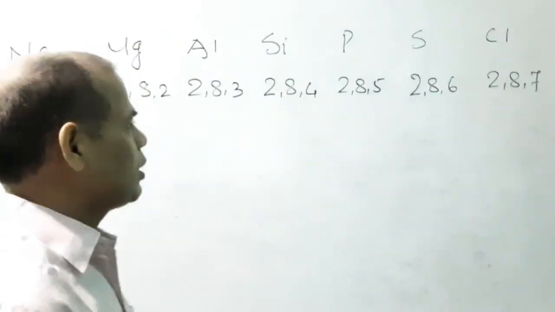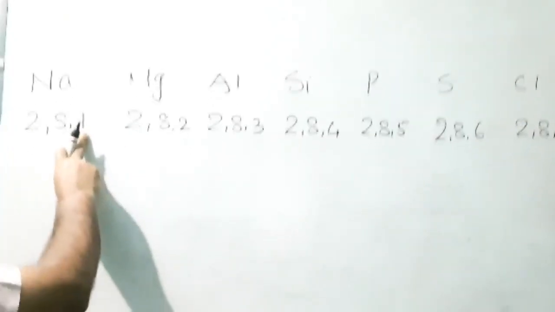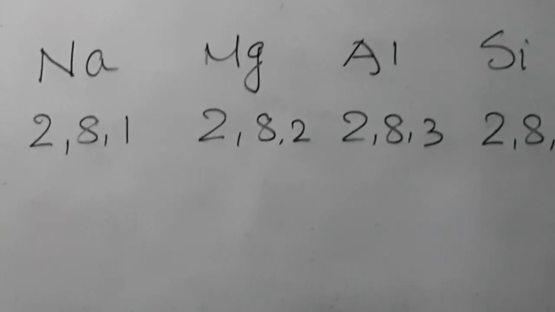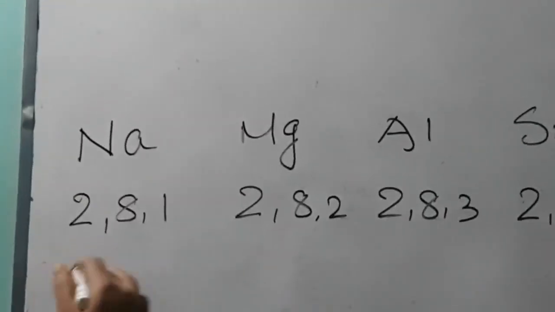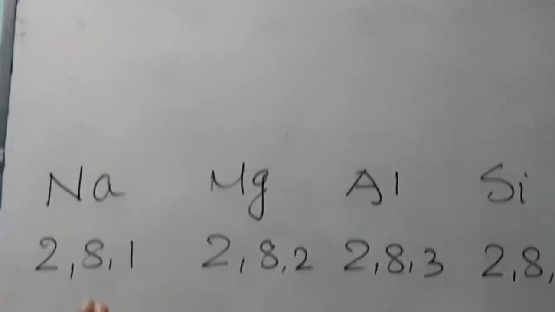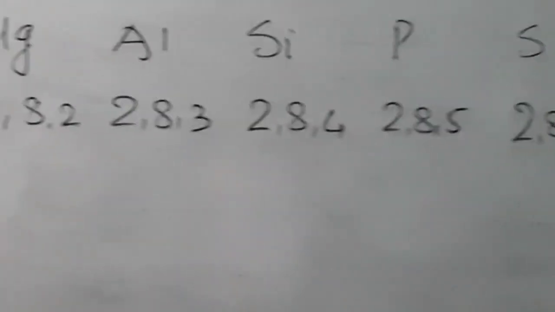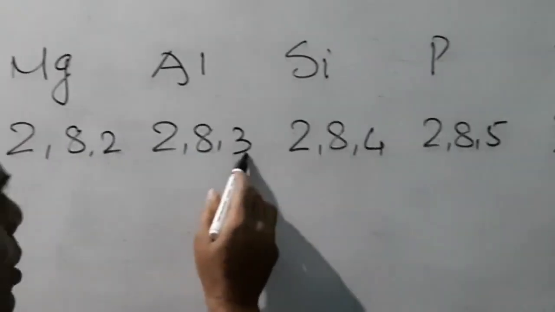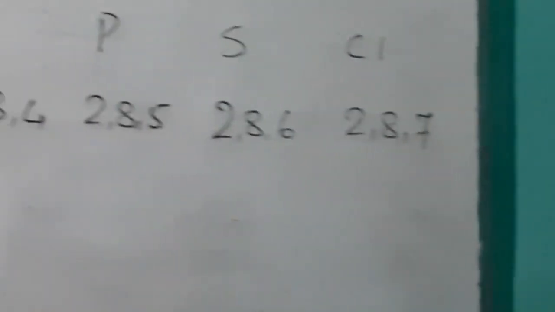In the valence electron, once again just you see it, the electrons which are present in the outermost shell, that is called valence electron. So along the period, when we move from left to right across the period, the number of valence electrons increases. 1, 2, 3, 4, 5, 6, 7.